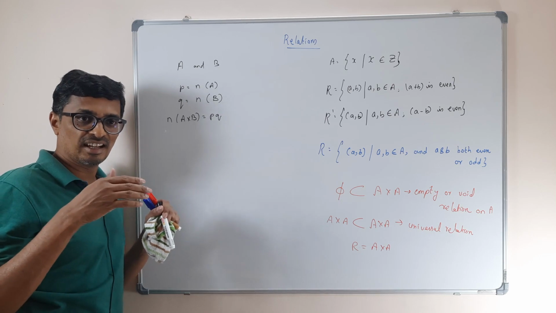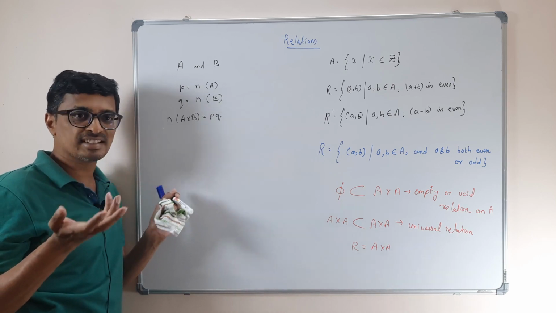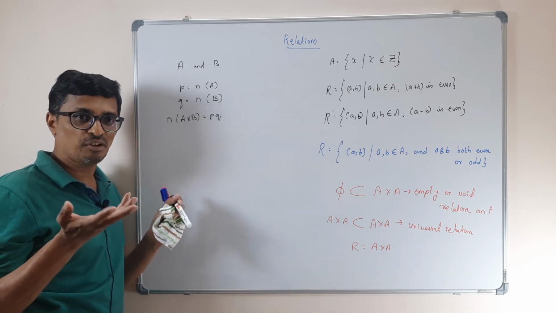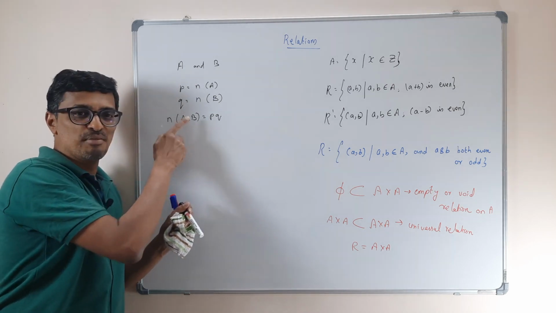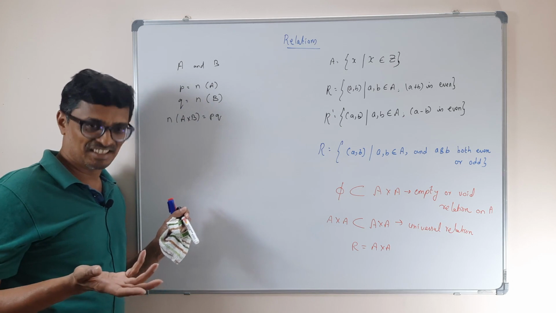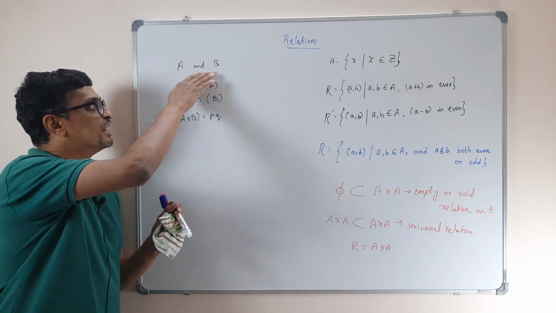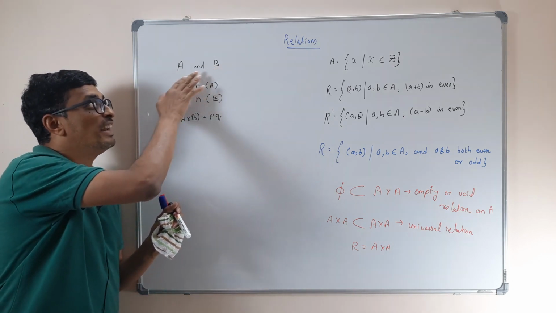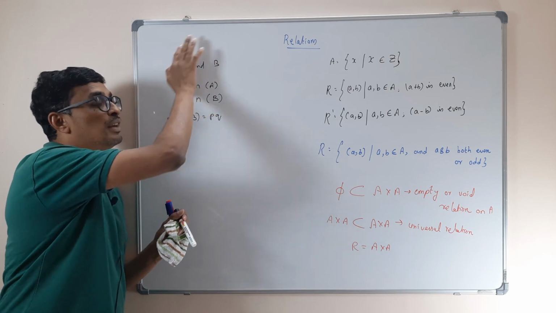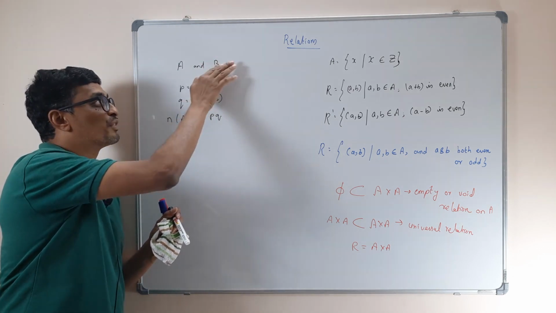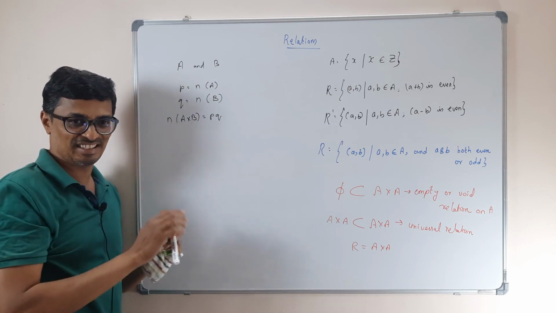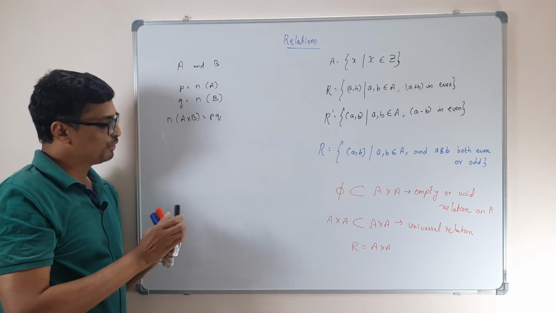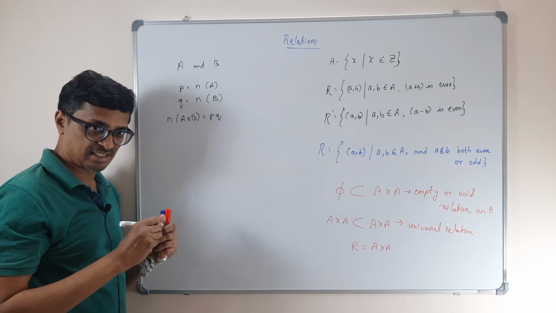Because a relation has to be a subset, equivalently I can ask how many subsets of A cross B I can create.